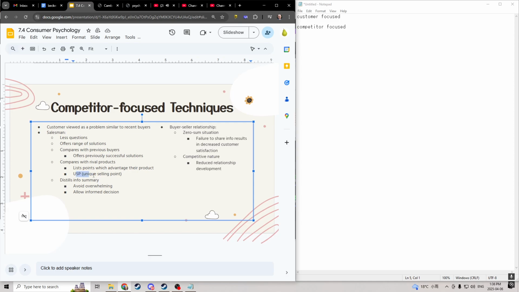This is also their unique selling point. And they distill the info into a summary to avoid overwhelming the client and allow the client to make an informed decision. In terms of the buyer-seller relationship, it's a zero-sum situation where failure to share info results in decreased customer satisfaction. And there's this kind of competitive nature, and this competitive nature reduces the relationship development.